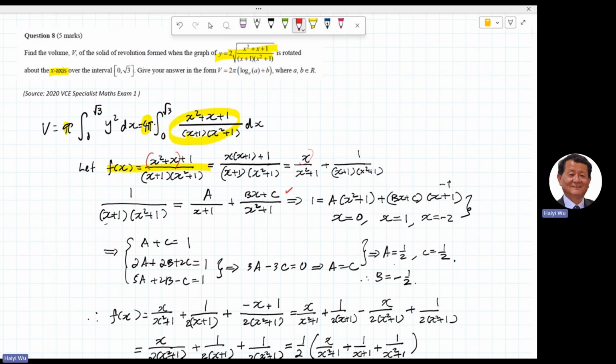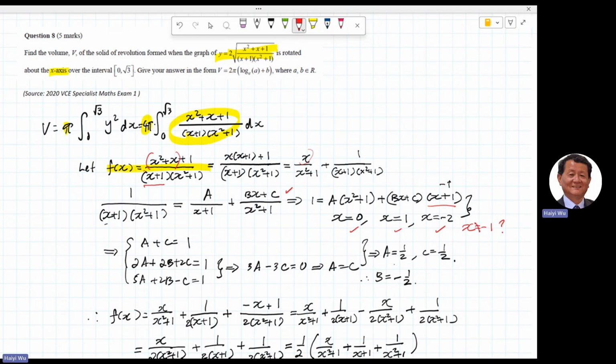Now I'm going to choose three values for x: 0, 1, and negative 2. Some people ask why you don't choose negative 1, because it would be easy to make that 0. But the denominator has x plus 1, so x equals negative 1 is prohibited because it causes an undefined value for the fraction, as the denominator cannot be 0.